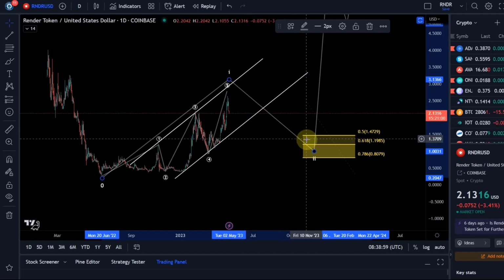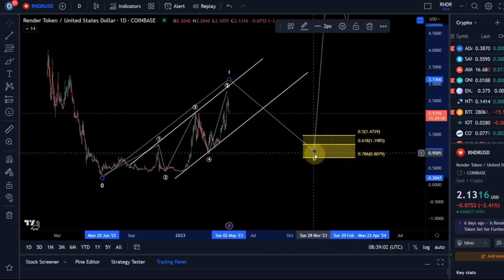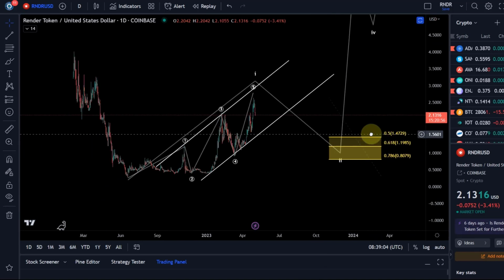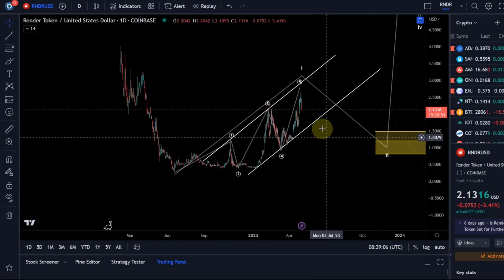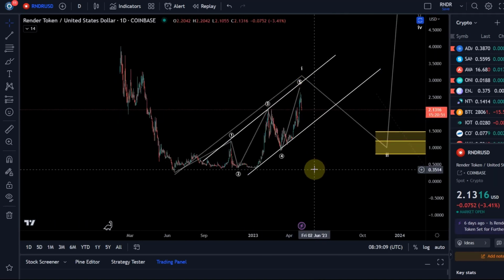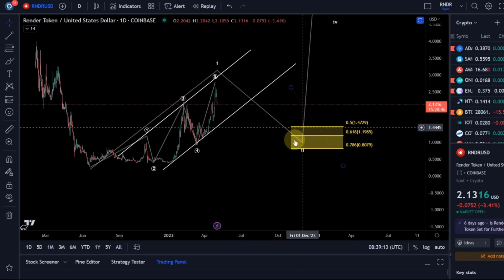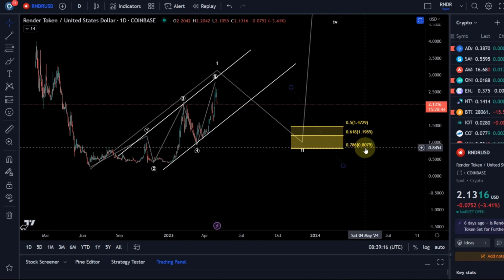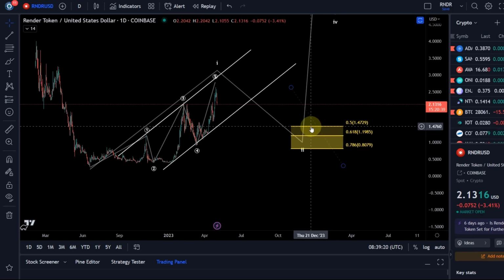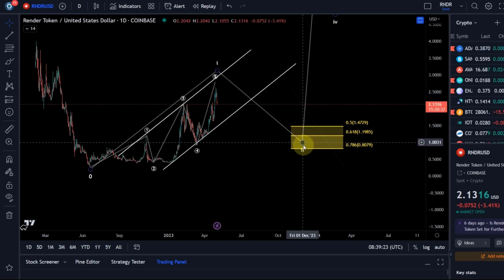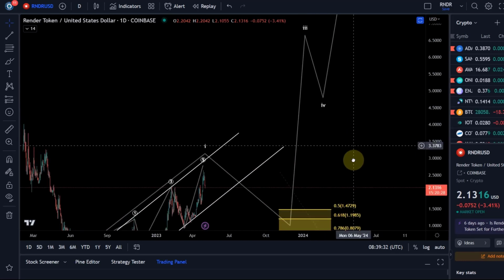For example, as a pullback trade in the wave 2, to trade the third wave, because the thing is with these diagonals, you need to know either they fail, and you make new bear market lows, or if they hold, it would typically be this area between the 80 cent level in this case and 147, so between the 78.6 and the 50% fib level, whereas normally after a diagonal you would be looking at the lower range of the box.